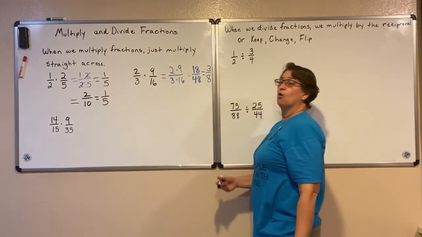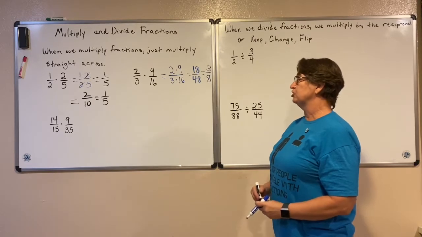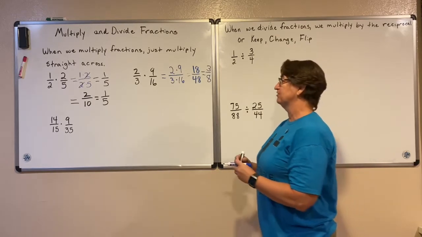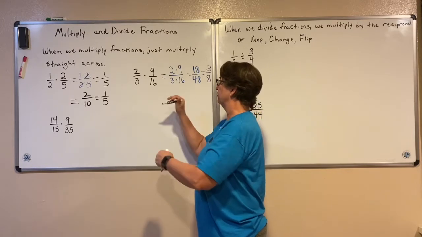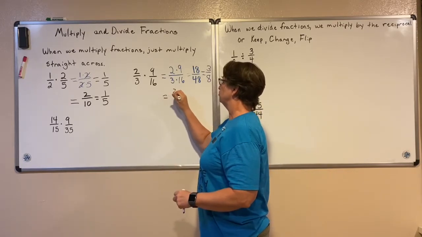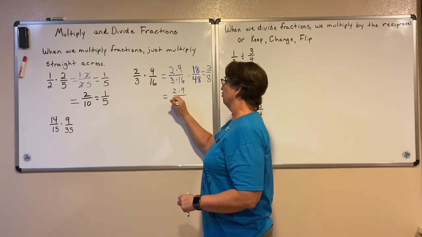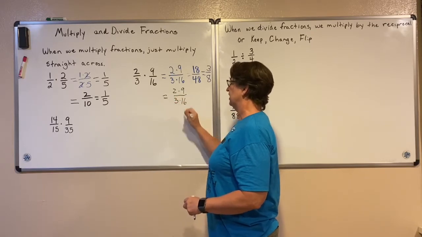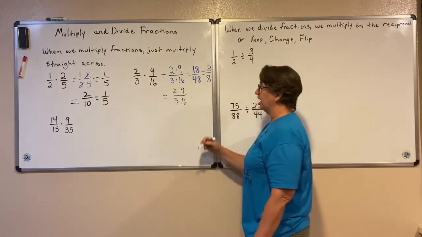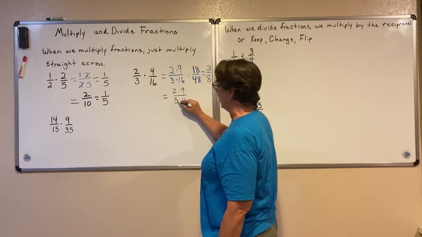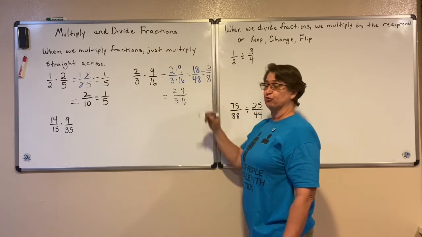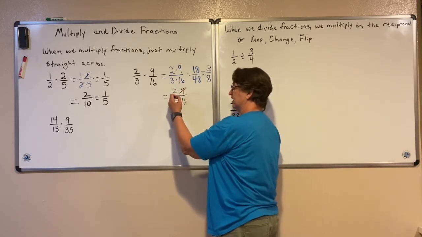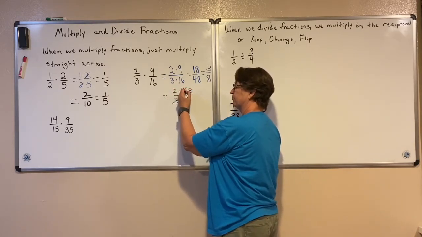Or what I could do is I could recognize earlier that when I have that 2 times 9 over 3 times 16, I could recognize at that point that a 3 is in the bottom and is in the top. Notice that 3 goes into 9 3 times.